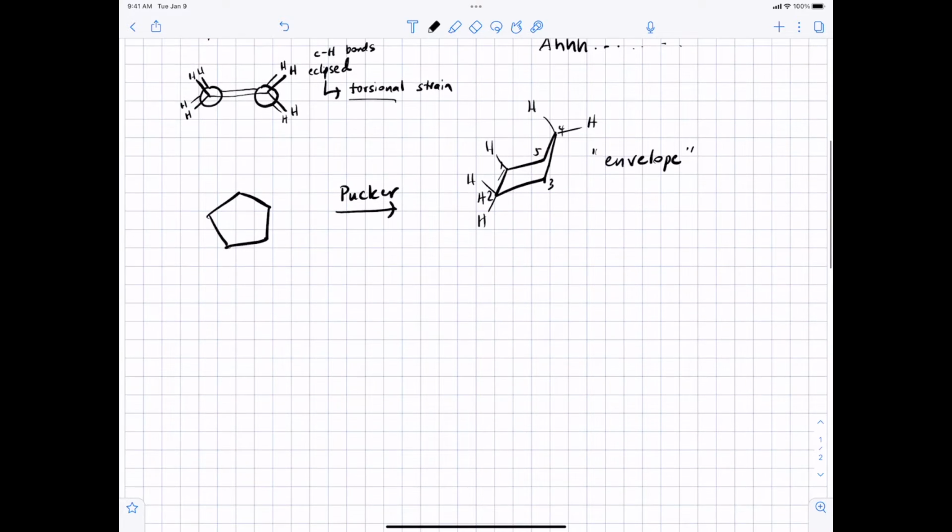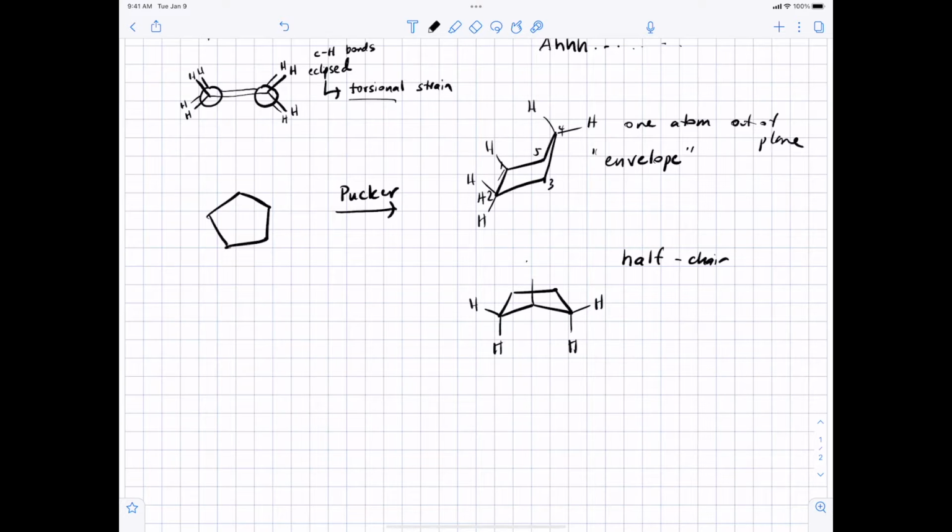Right. The other option is what they call a half chair. And in the half chair, there's a couple of atoms out of plane. So the half chair is going to look like this. In the half chair, let me just fill in hydrogens. It starts to look a little bit more like a chair.